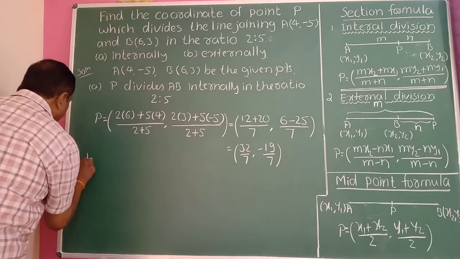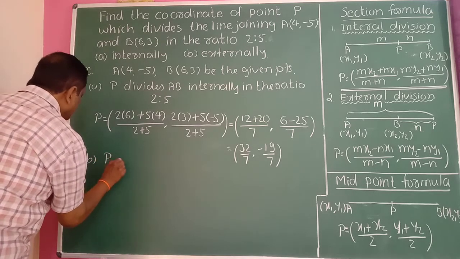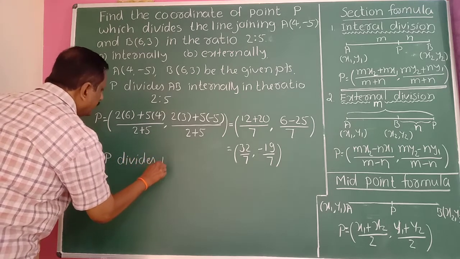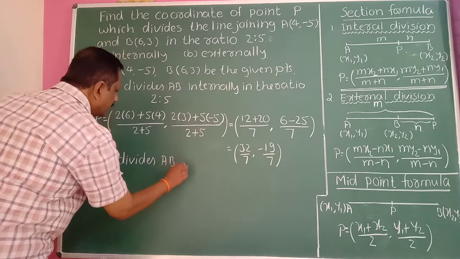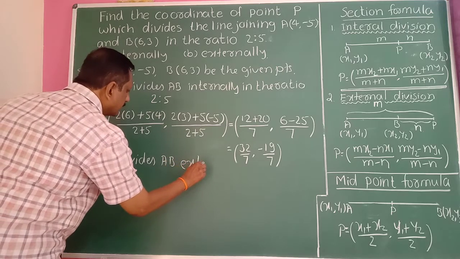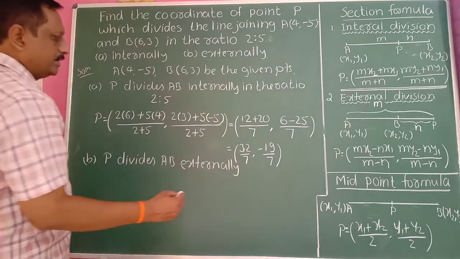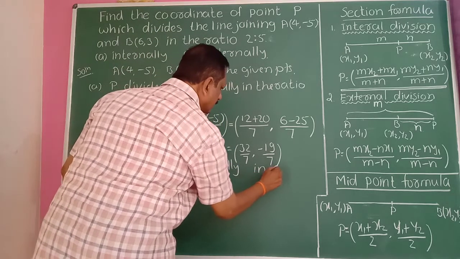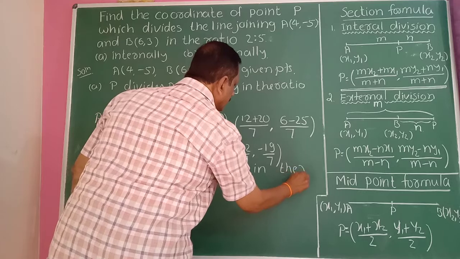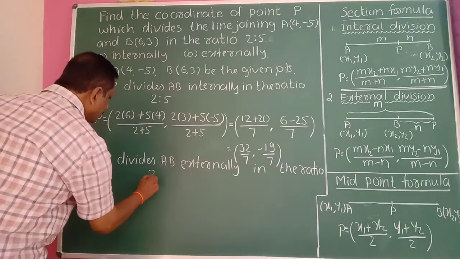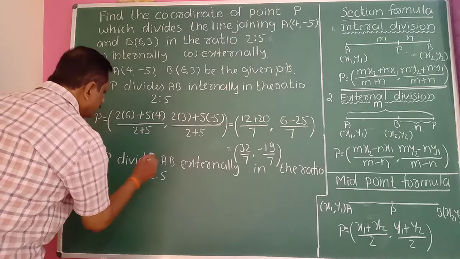Next, the second case here. P divides AB externally in the ratio 2:5.